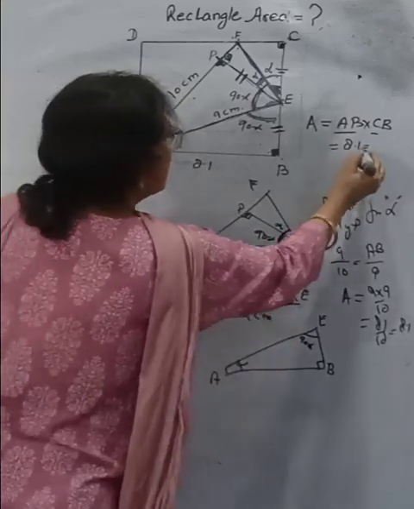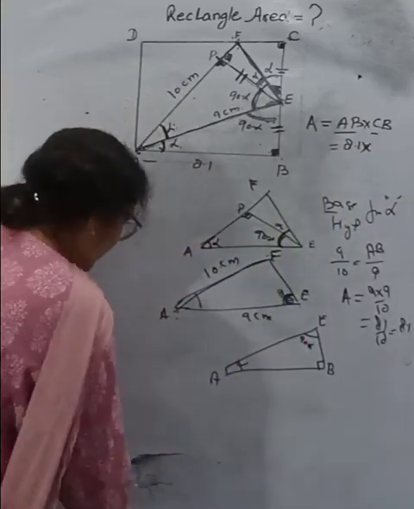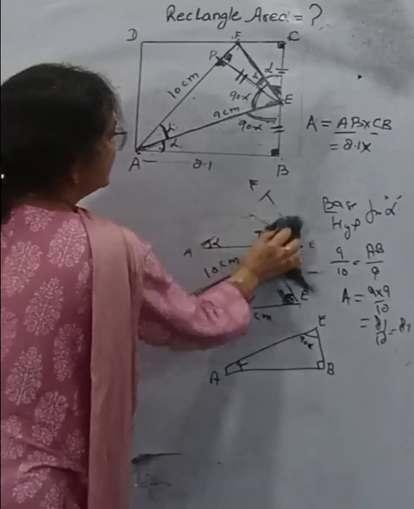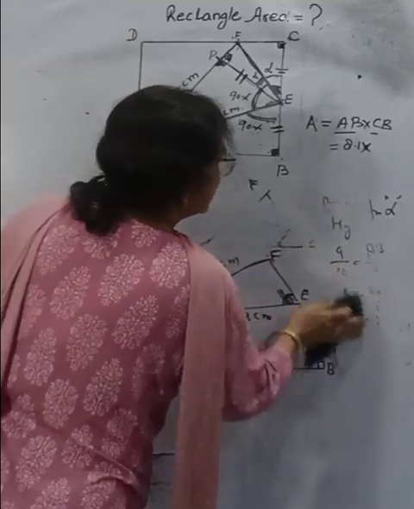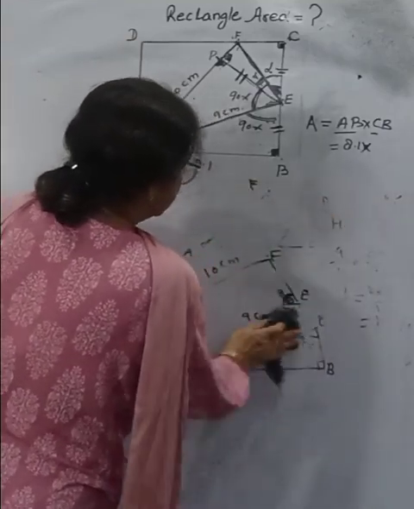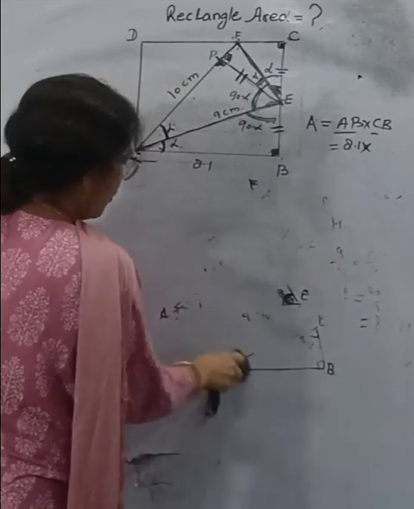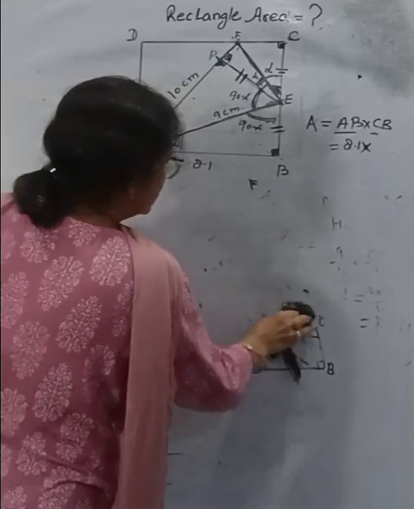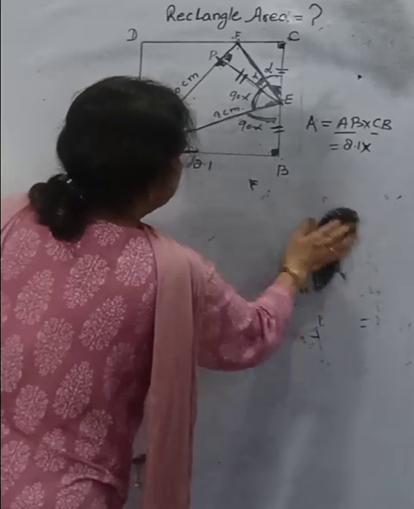Now CB is to be obtained. Our next aim is somehow to obtain CB. How can we find CB? In order to obtain CB, let us use the triangle ABE.